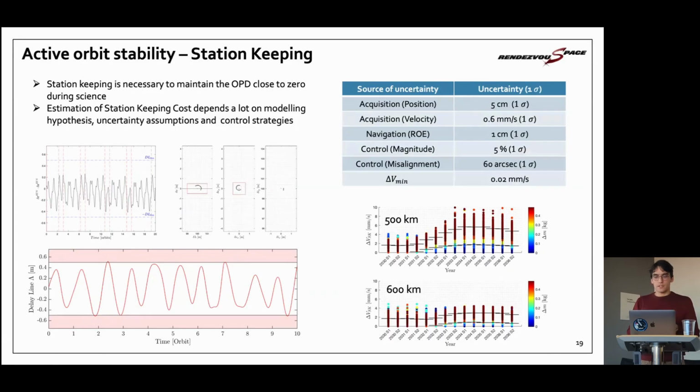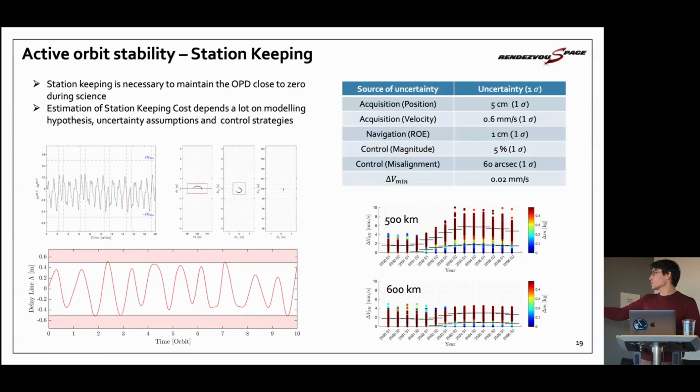The key message here is that we need an active control scheme, an autonomous active control scheme inside the GNC, to achieve this. And it's very interesting to see how the performance changes depending on different parameters that are very important from a design perspective. The differential ballistic coefficients, the difference in mass essentially between the two spacecraft, the solar flux.